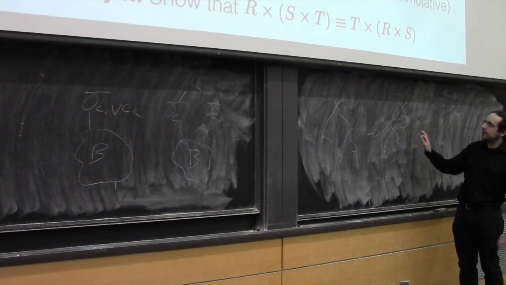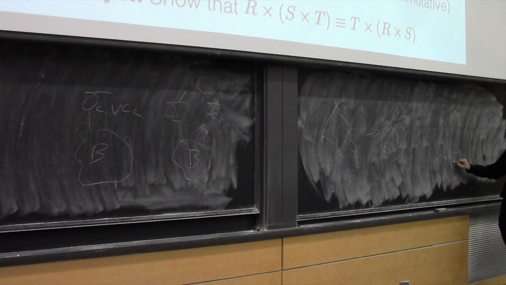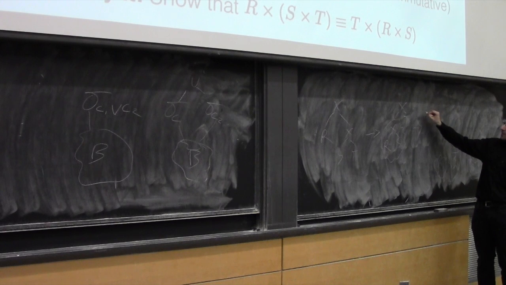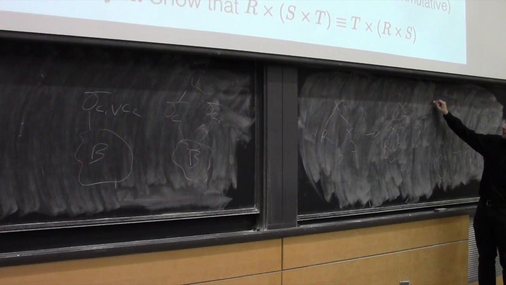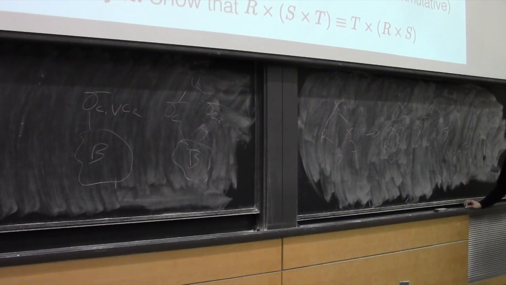What we care about is the fact that some blob cross some other blob, let's call this A and let's call this B, is entirely equivalent to some blob B, where that's the same B, cross some blob A. So associativity gives us that this is equivalent to T cross R cross S.